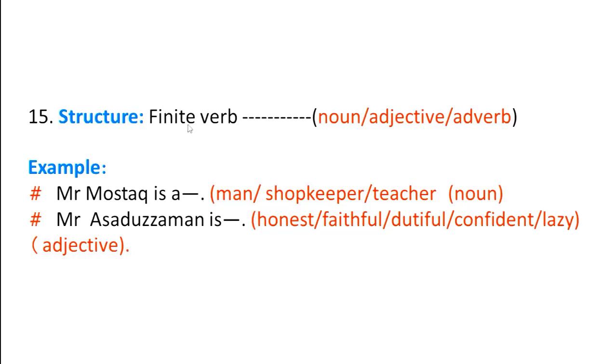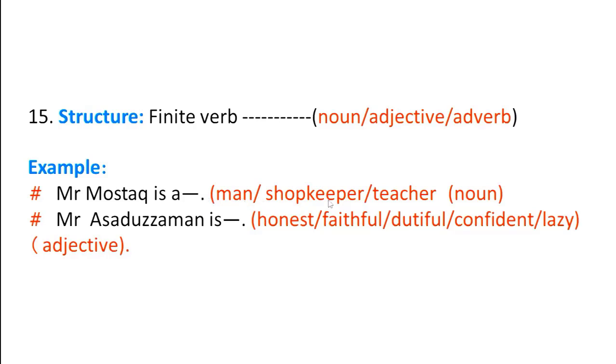Number 15. If you find finite verb plus gap, that means if you find gap after finite verb, then you can use noun or adjective or adverb to complete the sentence. Look at the example. Mr. Mustaq is a dash.